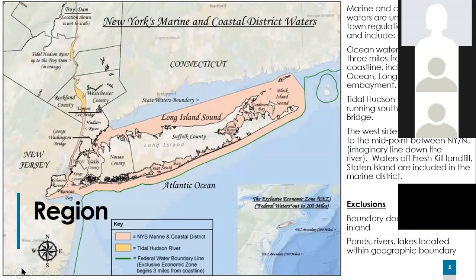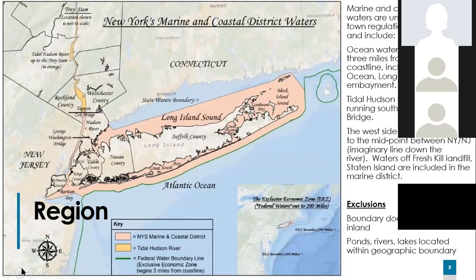The region includes the ocean waters within 3 miles from the state's coastline, and that includes the Atlantic Ocean, Long Island Sound, and embayments. So on this diagram in front of you, the Marine and Coastal District pretty much encompasses all that is included in that pink shading.